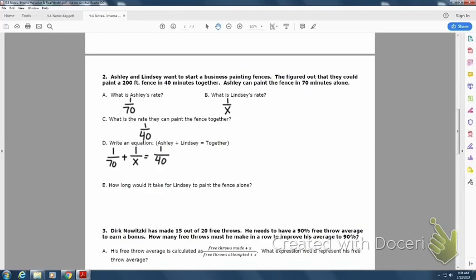So, the common denominator that I'm going to use up here is if I multiply 70 times 40, that's going to give me 2,800. And then I've got x down there as well.